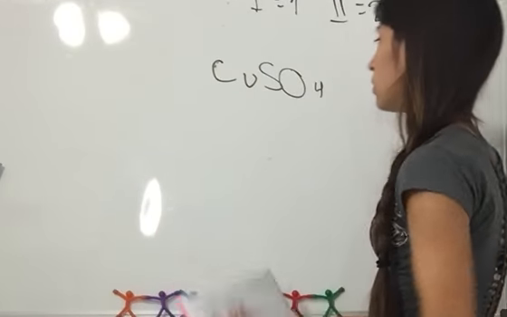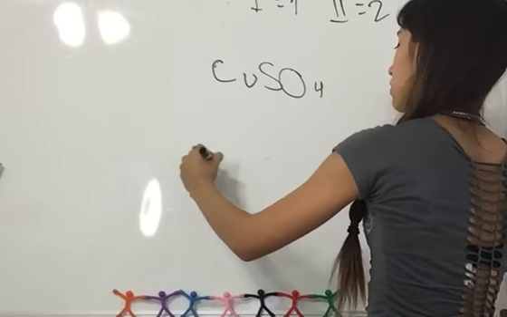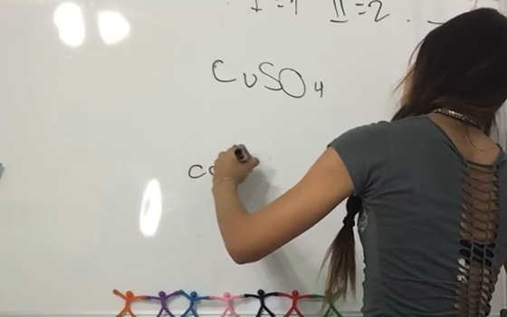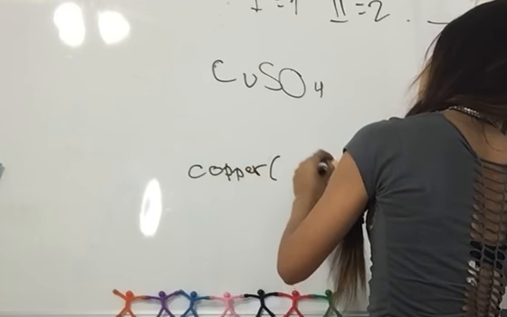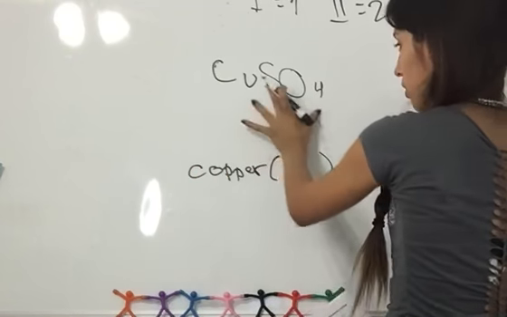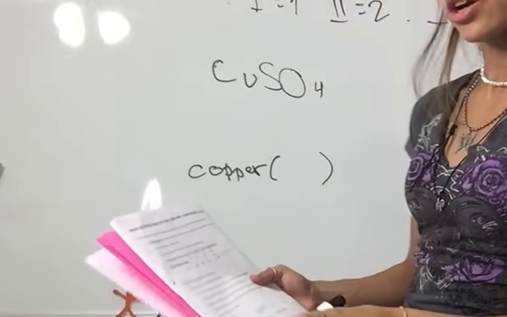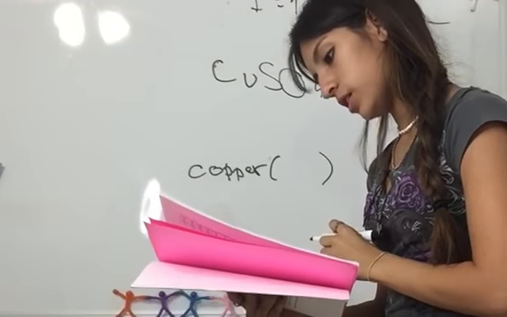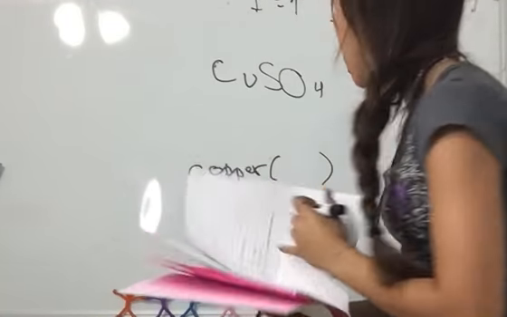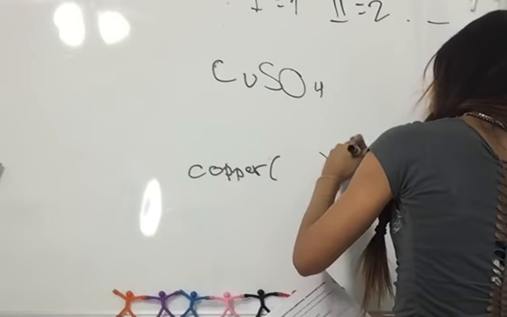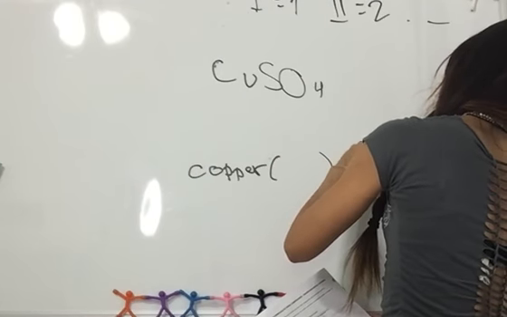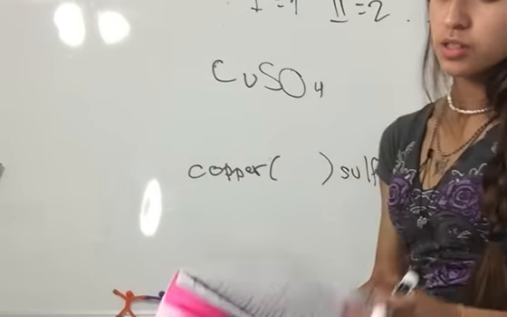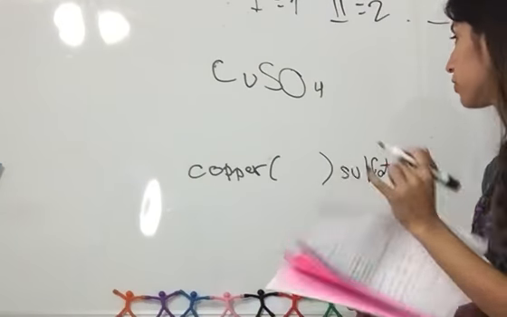You would look on the periodic table. What is it? It's copper. And the charge is what you're trying to find out. And then SO4, you would check on the table. SO4 is sulfate. So you would just write sulfate. Also on the table, you would see what charge it is. And sulfate has a charge of -2.